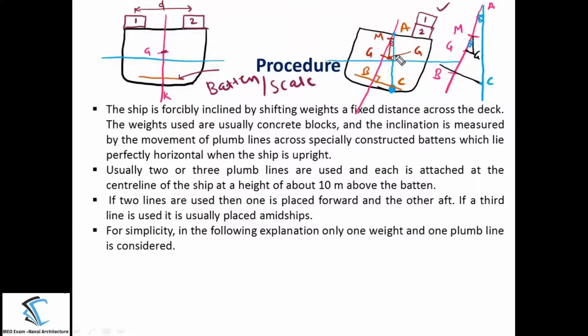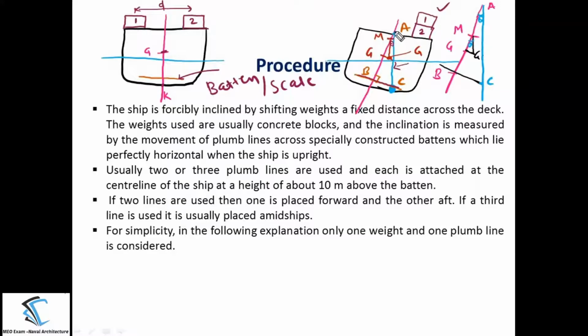Now how are we going to measure this angle physically? For that purpose, we are taking one batten that we have kept horizontally like this, near the keel of the ship. Now we will take a plumb line. The blue line you can see is a plumb line.